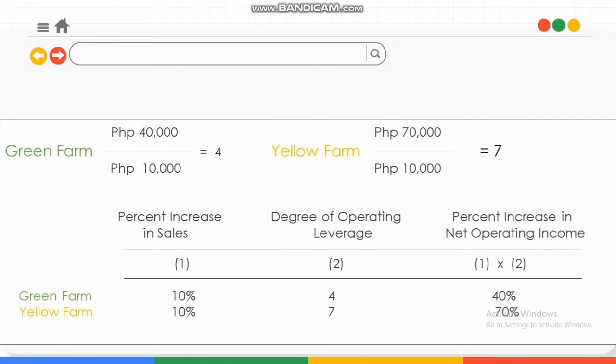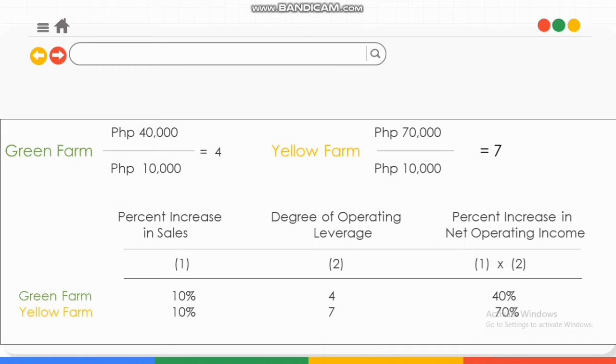To illustrate the degree of operating leverage for the two farms, Green Farm and Yellow Farm, at 100,000 sales would be computed as follows. So, yung contribution margin ng Green Farm is 40,000 pesos and yung net operating income ng Green Farm is 10,000 pesos.